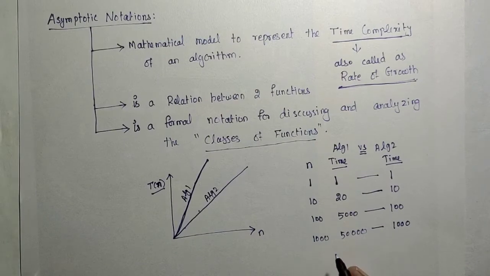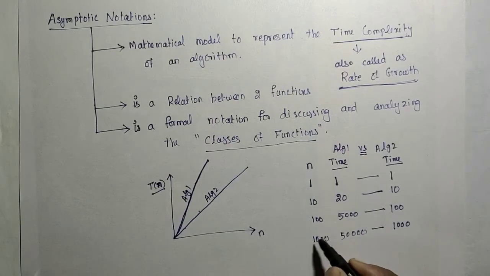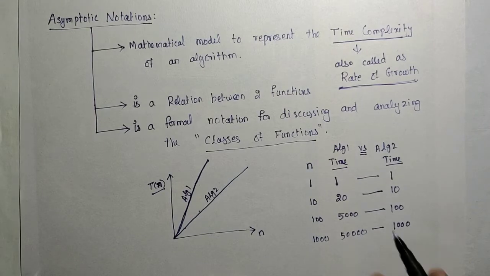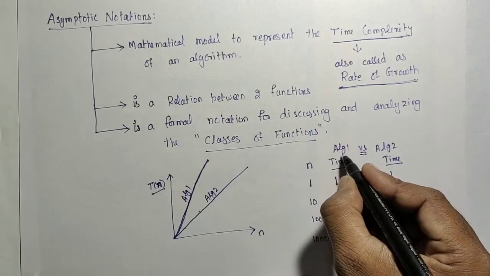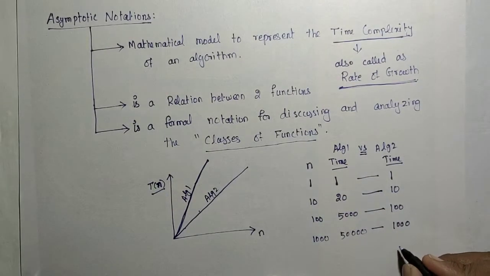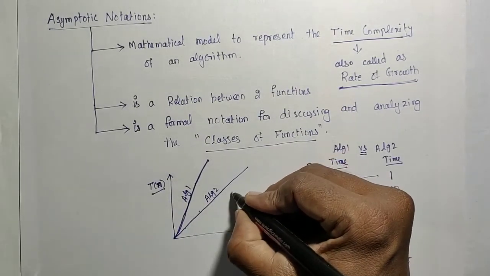Your algorithm should give less execution time for large input size. So we always need to consider large n, and what the execution time will be. The execution time should not rise so fast. Among algorithm 1 and algorithm 2, which one can we say is the best? This is the best algorithm, because its rate of growth is less.